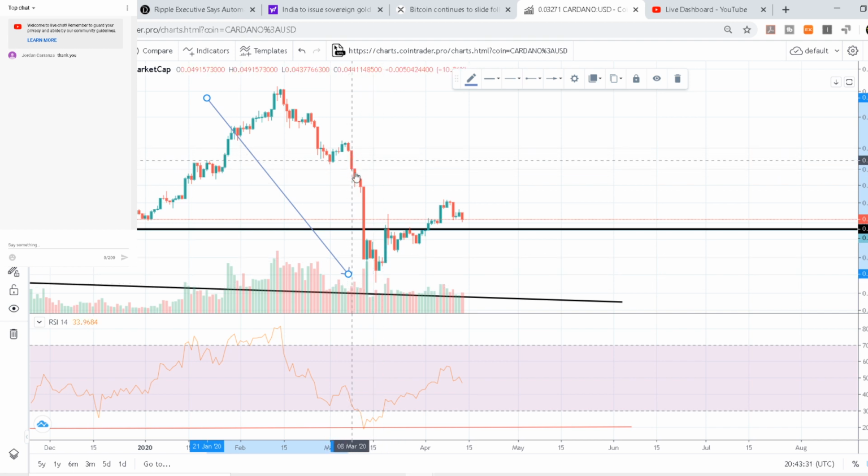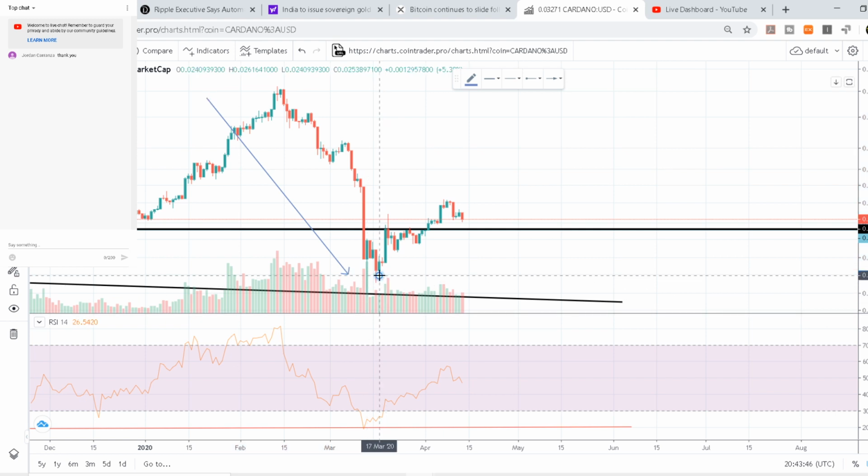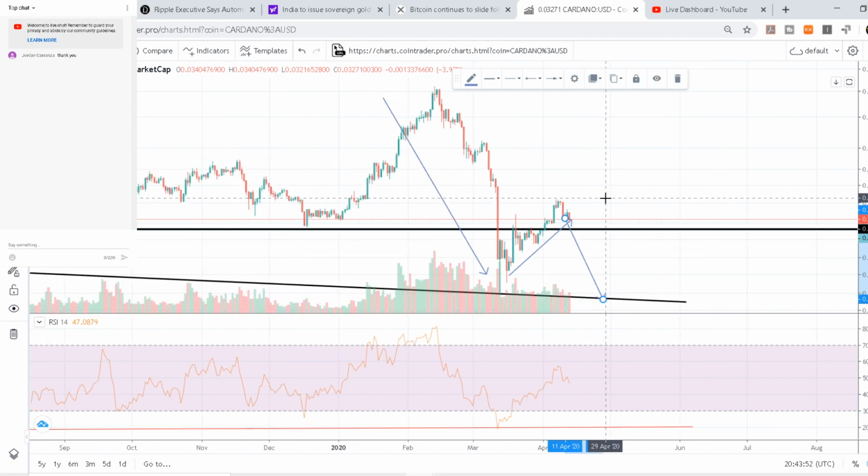So the momentum was too high towards this side of the trend, and we are still retracing into that, and we haven't managed to close above this one. So the price may move up like this, and once it breaks, it may come back and test this low.